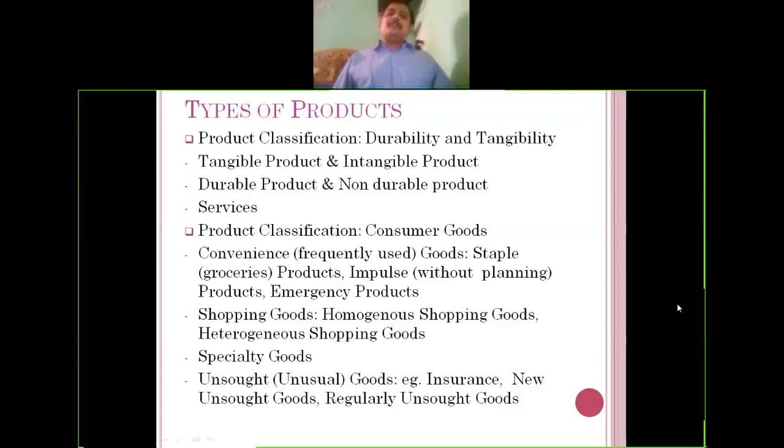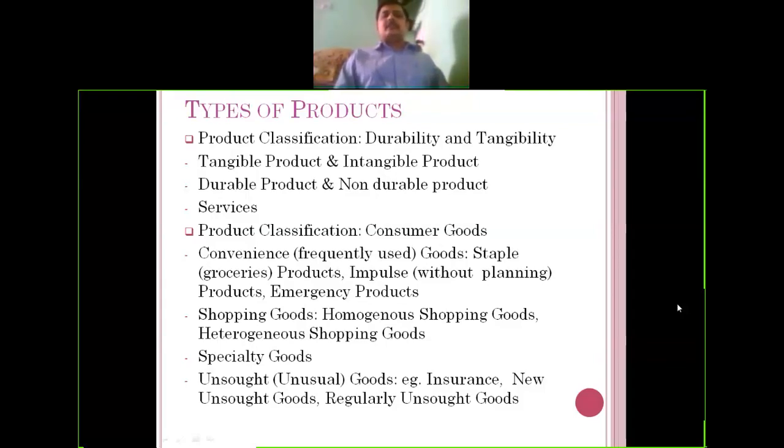But we do have many newly unsought goods which nowadays have become regular. Maybe I can quote insurance once again. It was a new unsought good a few years before, where medical insurance or agricultural crop insurance, so many of us were aware of, correct?